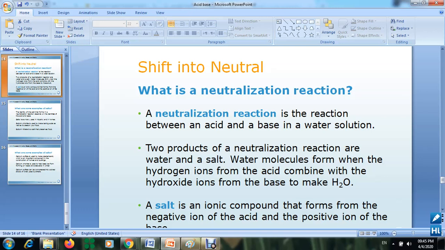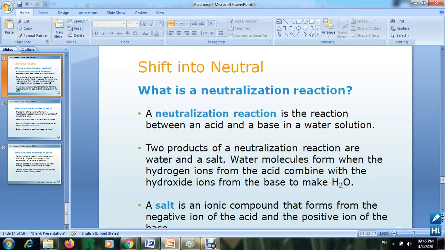Before we start our lesson, I want you to think: if your stomach starts to produce too much acid, what does that cause? A discomfort, right? So you take an antacid. This antacid can help you to feel better.